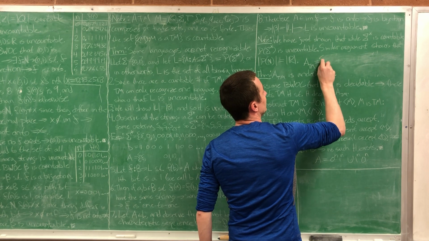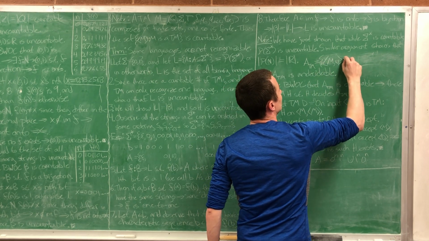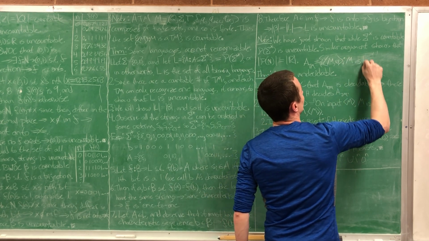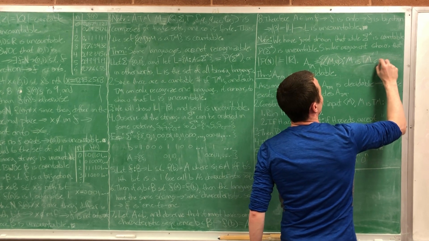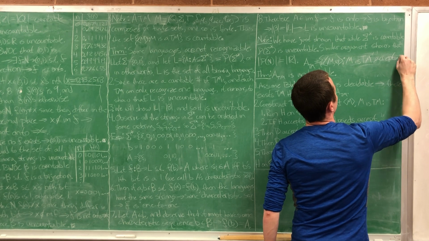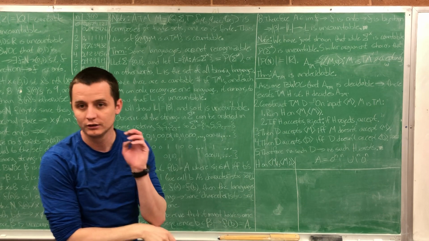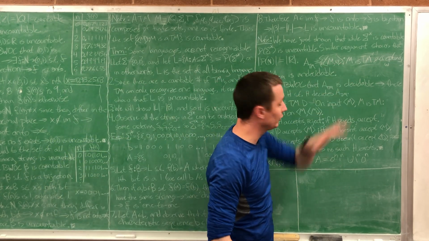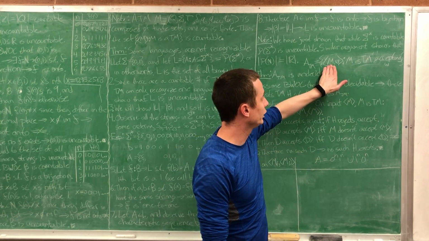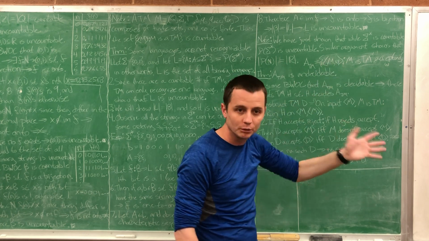It's going to be equal to the encoding of M, W, where M is a Turing machine accepting W. That's what the acceptance problem is. So every possible Turing machine and every possible string W that the Turing machine accepts. So if this Turing machine accepts an infinite number of W's, this Turing machine is going to show up here an infinite number of times, one for each W it accepts.